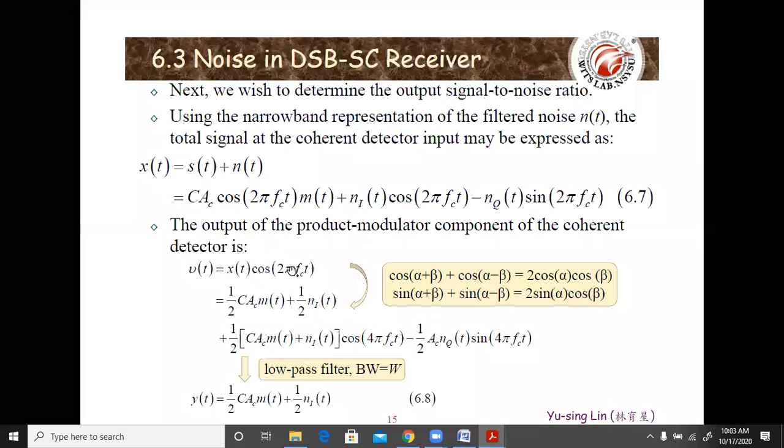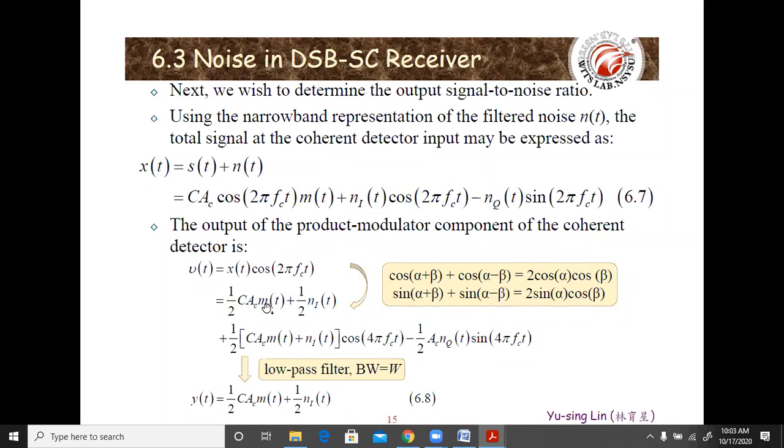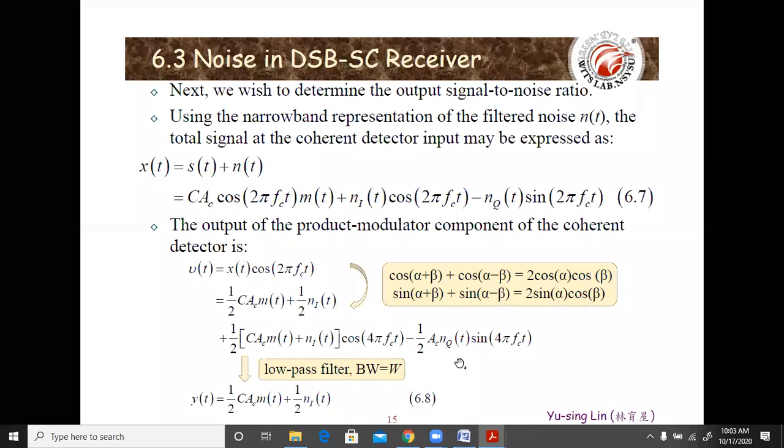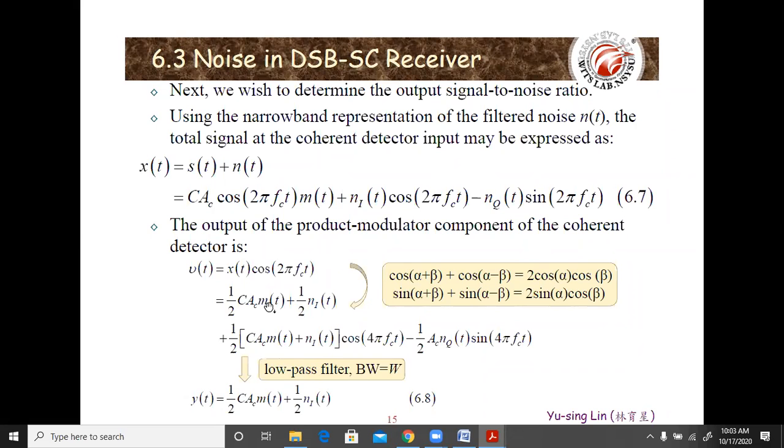So x(t) cos(2 pi fc t) is written over here. We have written that as 1 by 2 Ac m(t) plus half of nI(t), plus the cos component and also the sine component. The low pass filter will just remove this component, and only pass the DC.